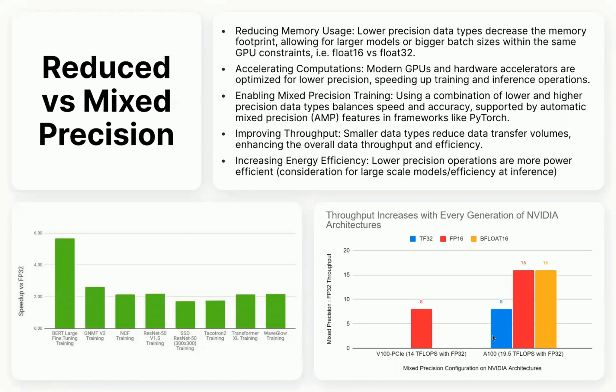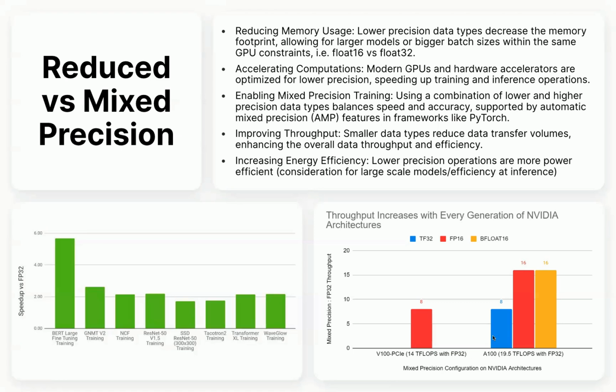These are reduced precision data types, which should still allow you to capture most of what you're trying to learn. Beyond that, modern GPUs and hardware accelerators are optimized for lower precision. Some of the A100 systems that we have would be better suited for utilizing lower precision data types, so they're optimized to train with those.